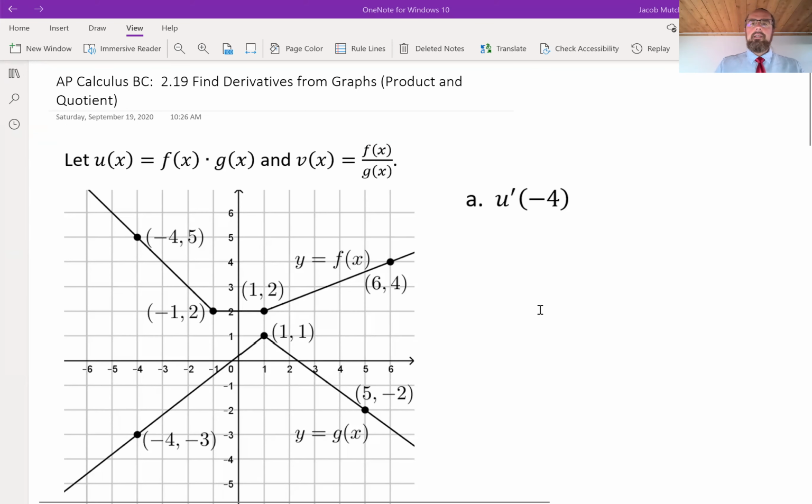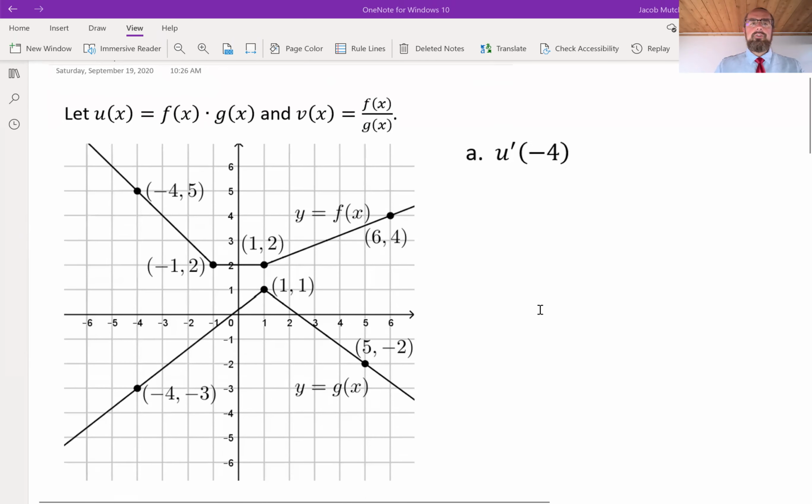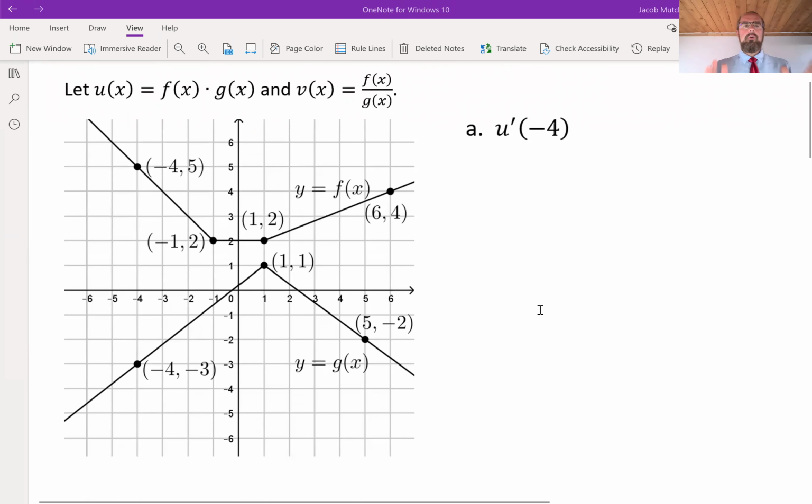Well, let's take a look at the representation of our functions that we have here. We're given a graph that's composed really of two main functions. The upper one here, this piecewise function that has three different linear parts, that's f of x. And then this lower function, an upside down v or a mountain, is another piecewise function, g of x, that has two linear parts.